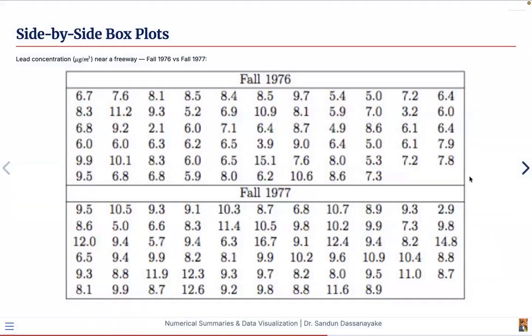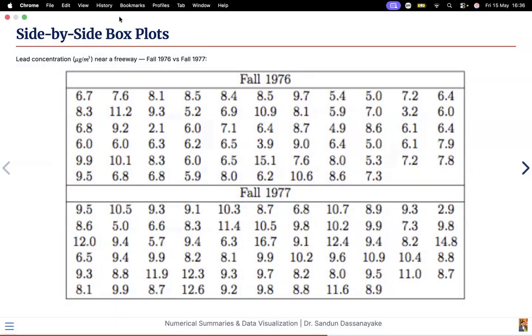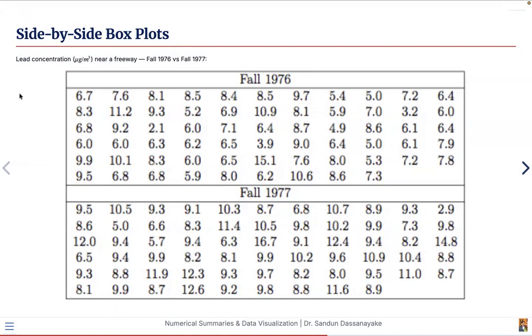Now, I give you some time to look at this value. So it talks about the lead concentration. It's from a real study, and it contains lead concentration. Lead is obvious, it's a heavy metal, not a good chemical for humans.